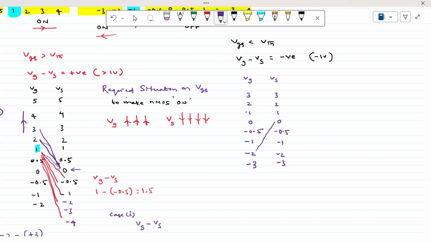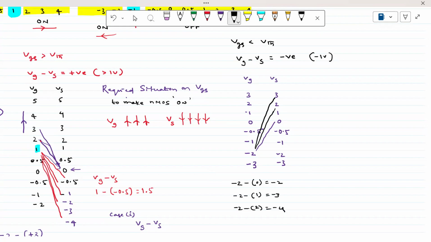The positive direction, for example, this is the way. So for example, -2, minus of 0, therefore it becomes -2. Minus of 2, minus of 1, for example, it becomes -3. -2, minus of, sorry, +2, that becomes -4. Like this, we have to go.